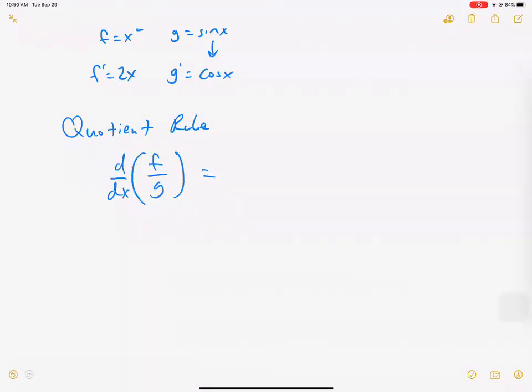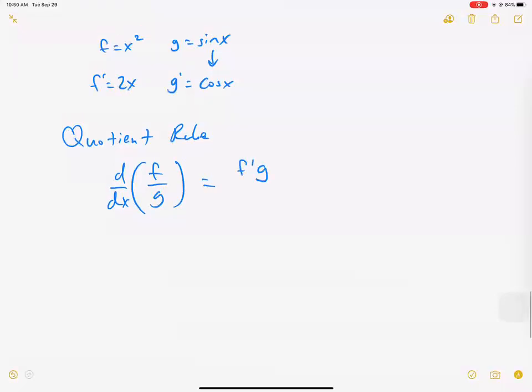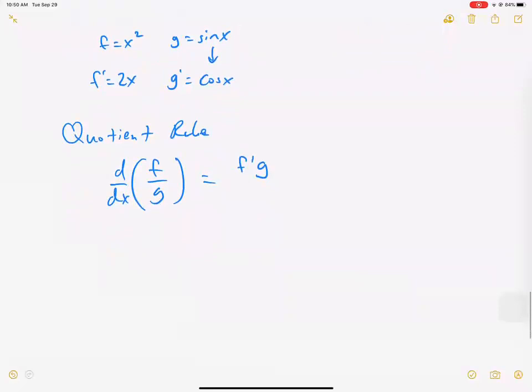It's going to be the derivative of the top, leave the bottom alone. Hey, doesn't this look just like what we wrote before? And it is. Minus though, because of division, g prime, leave the front alone, all over the bottom squared. Let me say this again.